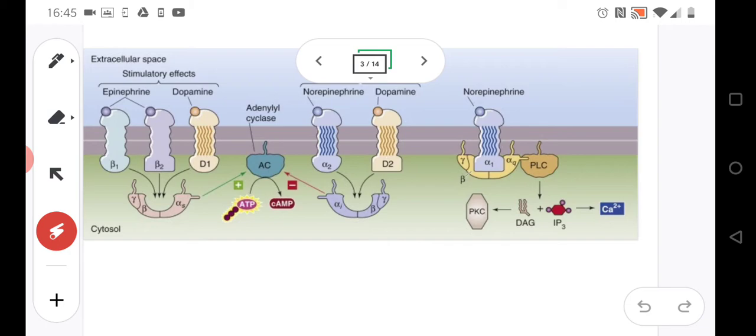So why do we have it? For example, we have a substance like adrenaline. Adrenaline works differently in different parts of the body. For example, adrenaline in the heart will increase blood flow. Adrenaline in, for example, the guts will decrease the blood flow.